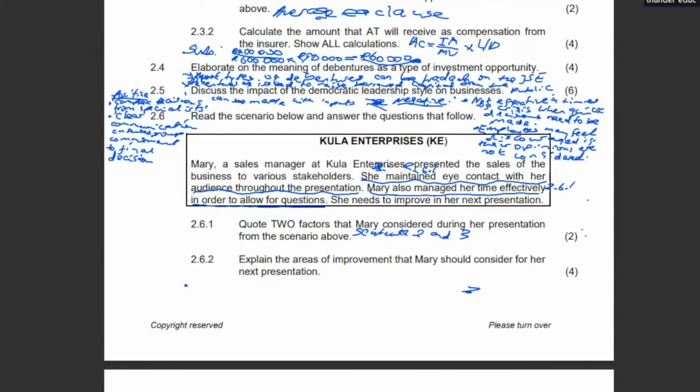We are saying that here, humor should be used appropriately.